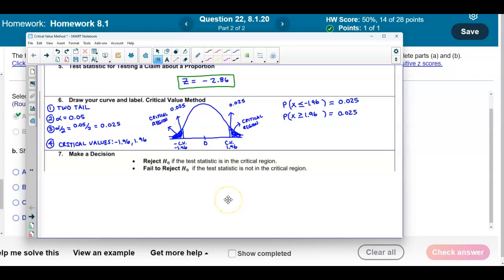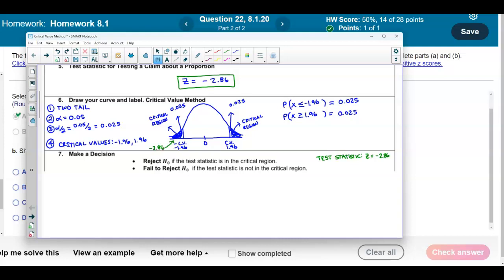And negative 2.86 is to the left of negative 1.96.